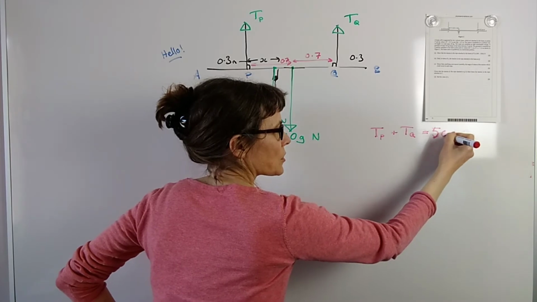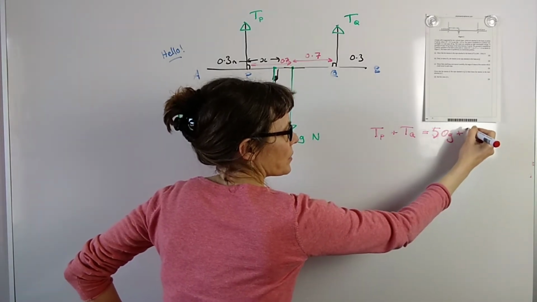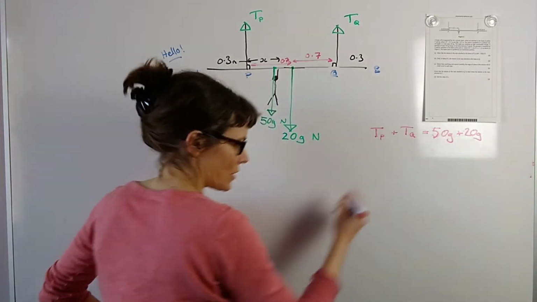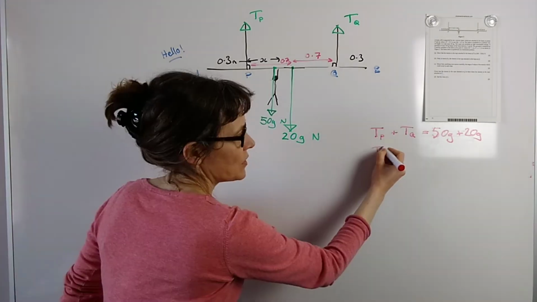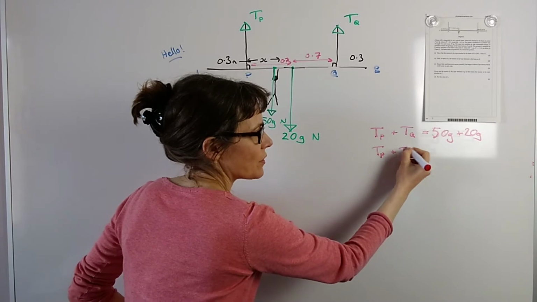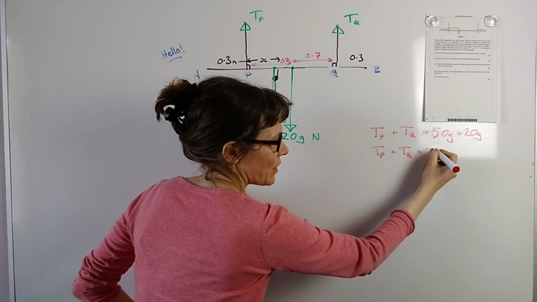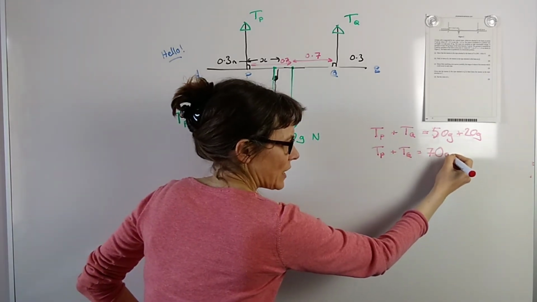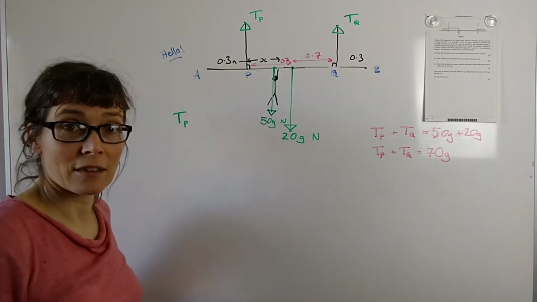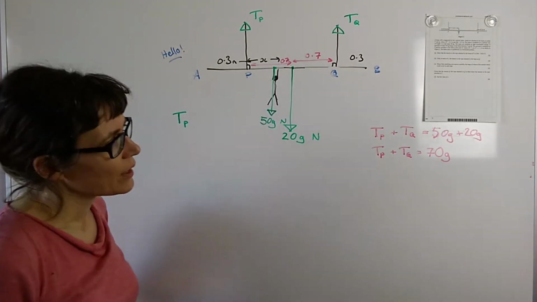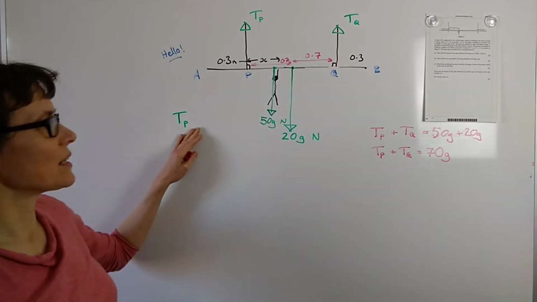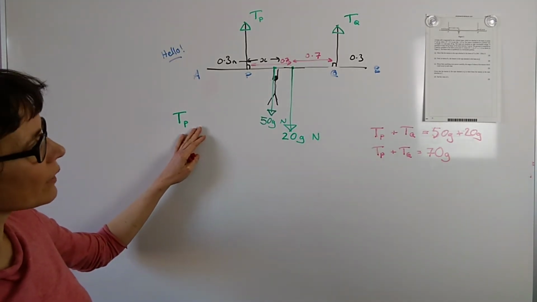I've got this other unknown, TQ, and when we're taking moments, which place do we take moments about? It's in equilibrium, so we could take moments about P, Q, or anywhere. However, if we took moments about A, we would get an equation involving TP, TQ, and these two weights.